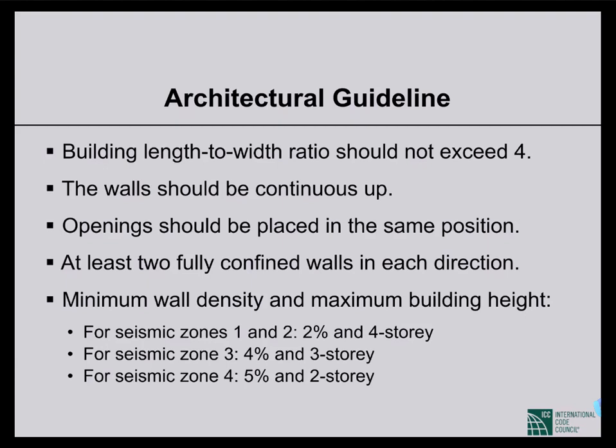So for seismic zones 1 and 2, there has to be at least 2% of wall compared to the plan area. And there is a height restriction for confined masonry type construction, that for seismic zones 1 and 2, we can have at most a 4-story building.